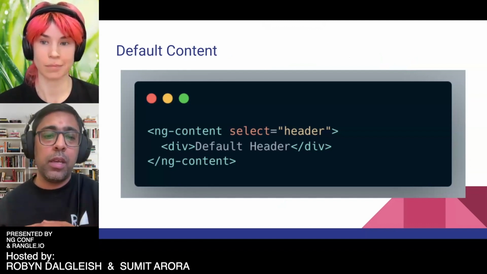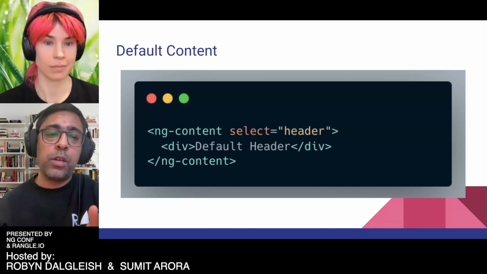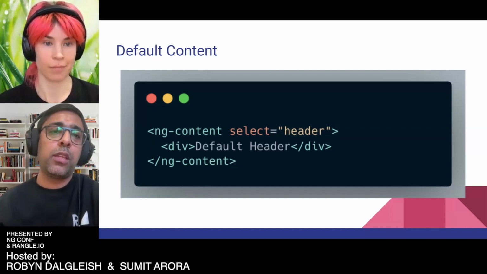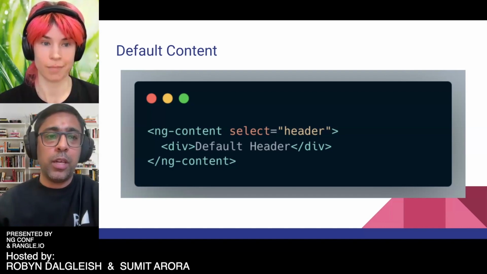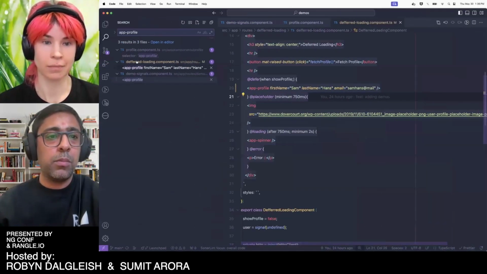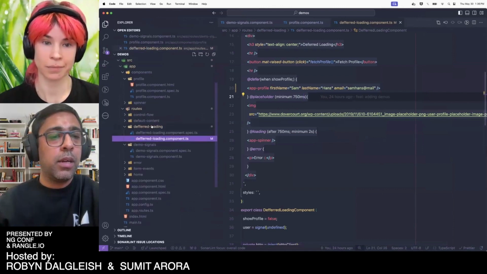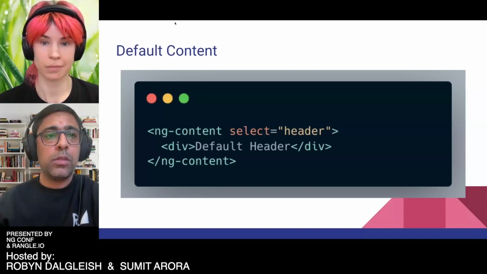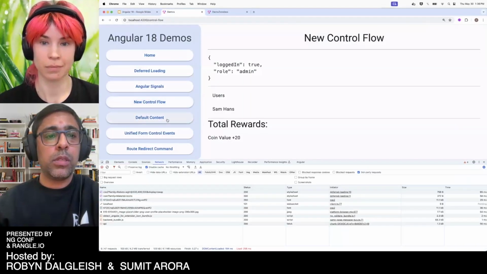For that, there was no way to provide default content. With Angular 18, you can do that, so you can provide the default ng-content. For example, here I have that, and I will show you in the demos as well.